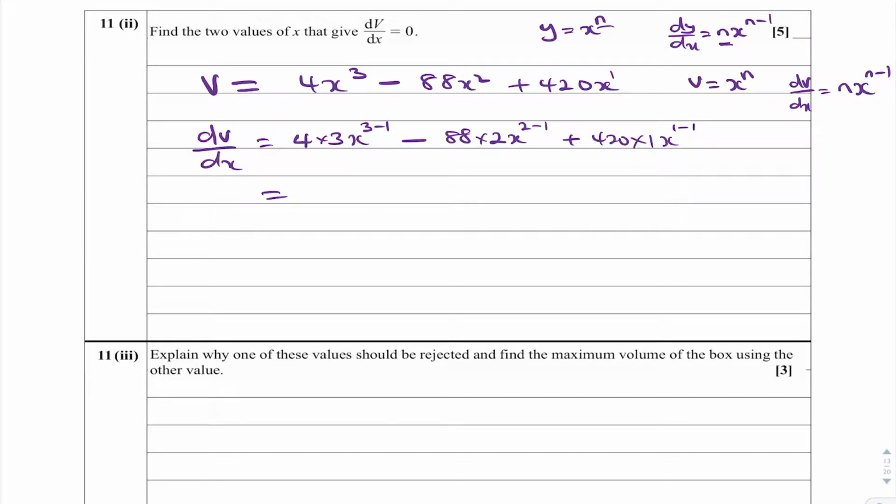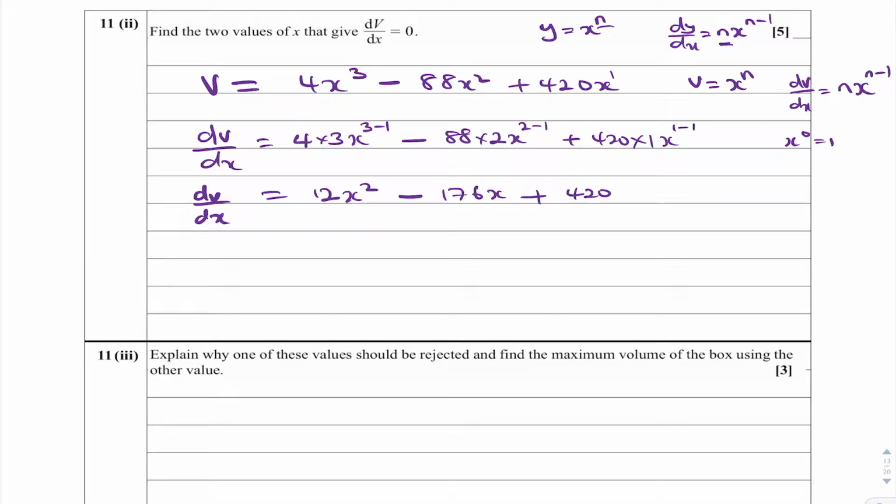Now I can write it: 12x squared minus 88 times 2 is 176x to the power 1, plus 420x to the power of 0, which is just 1. As you know, x to the power of 0 equals 1, because x to the power 1 minus 1 is x to the power of 0. So that's dV/dx.